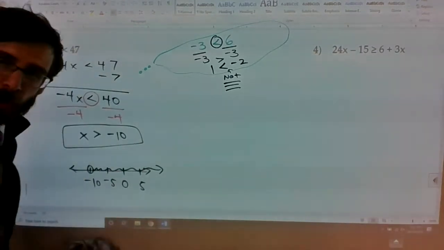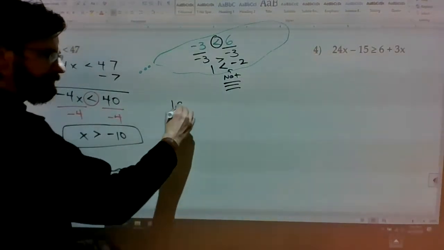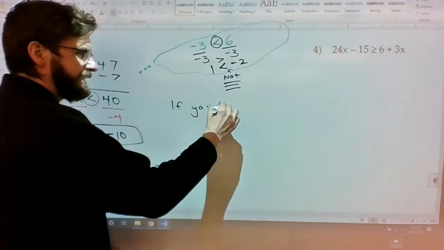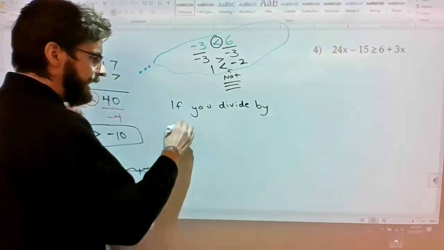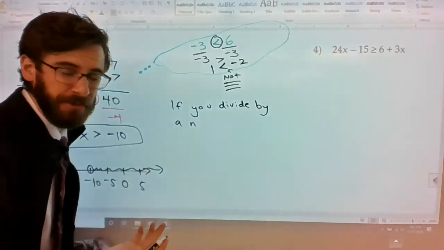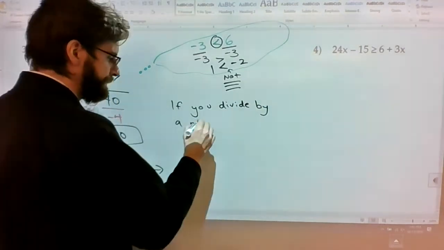So maybe on the notes we should put, if you divide by a negative number, that'd be the same as multiplying by a negative number too.